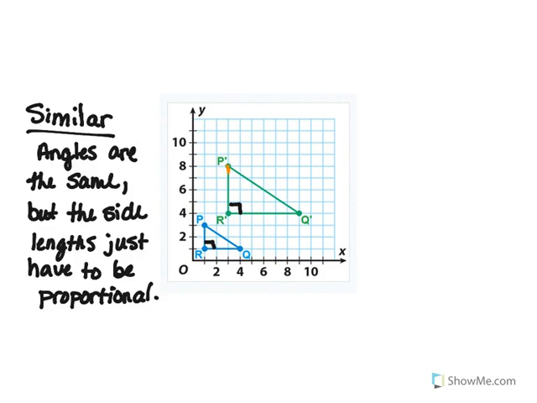So this side length over here, if you guys need to pause this to draw this in your notebook, go ahead and pause right now. Okay, so these two side lengths that I have in orange, this one is 2 and this one is 4. And when we do this, we're going to actually find the scale factor. And scale factor is that we take the new number over the original.